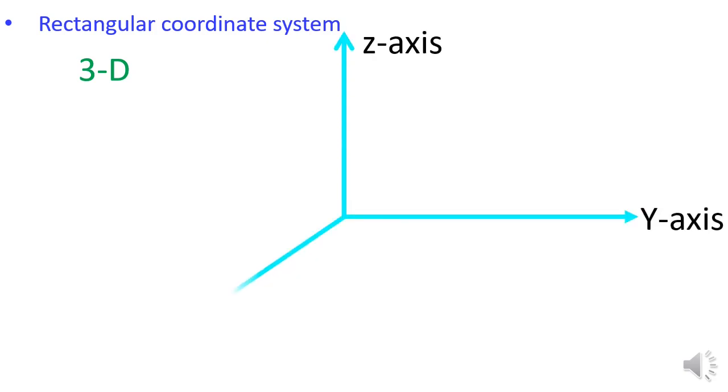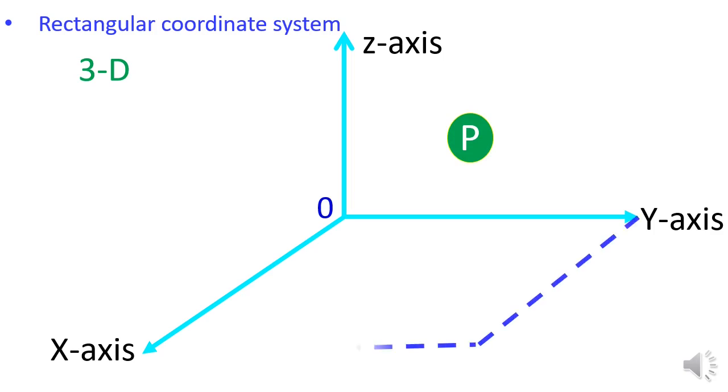Okay, so for you to be able to study the 3-dimensional rectangular coordinate system, you need to identify your z-axis, your y-axis, your x-axis, and an origin O where all the coordinate axes meet. Now for a body P, you identify the surface from which that body was raised.